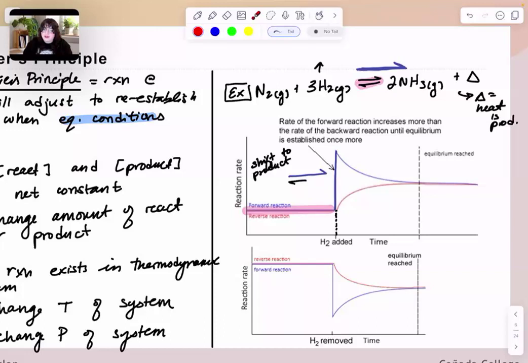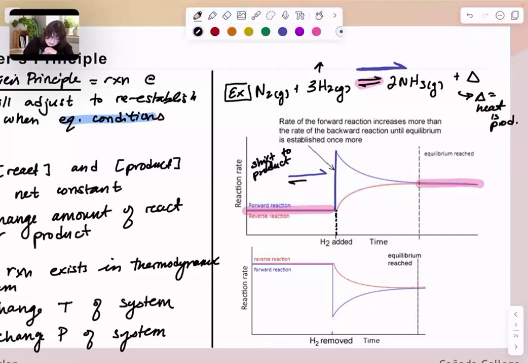Once that reaction rate has increased, we rapidly start consuming hydrogen. Then we see our system begin to go back to consuming our reactants at a rate and producing our products at some rate until a new equilibrium is established. And notice this equilibrium is at a completely different reaction rate.